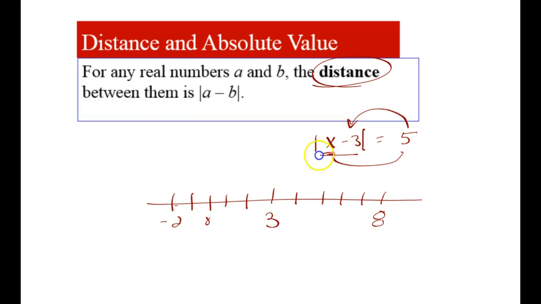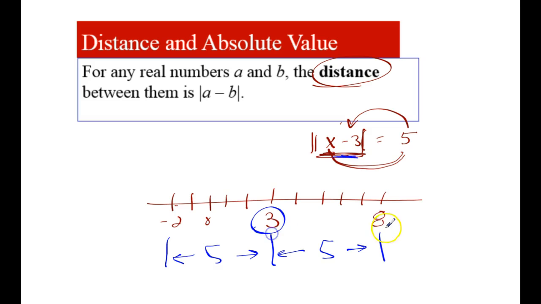So I need all the values of x that are 5 away from positive 3. This is 5 units away, and this distance is also 5 units away.